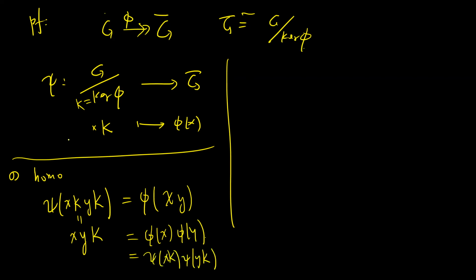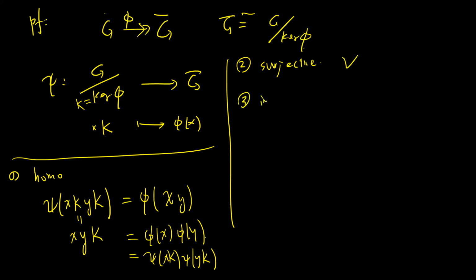So this is a homomorphism. Second, we need to show that it's surjective. This is trivial because the original map is surjective: xK maps to phi of x, so surjectivity follows from my assumption.